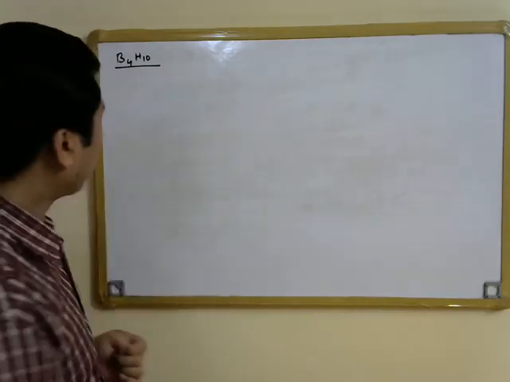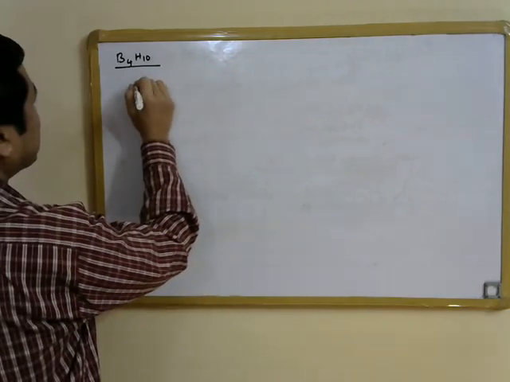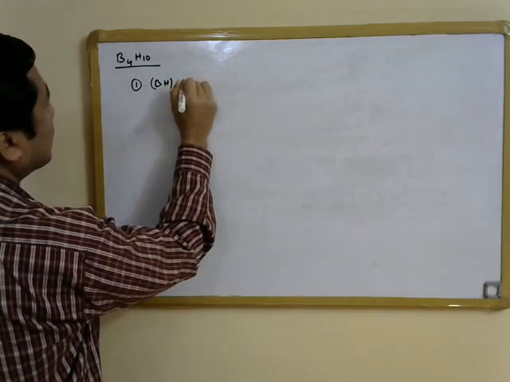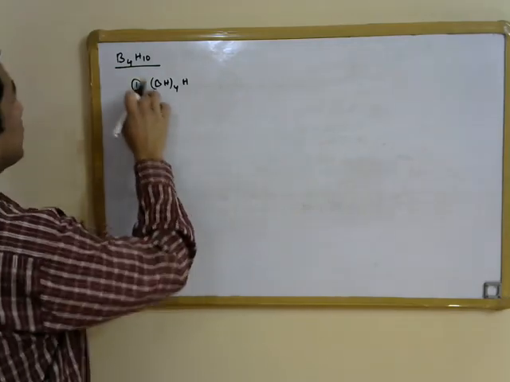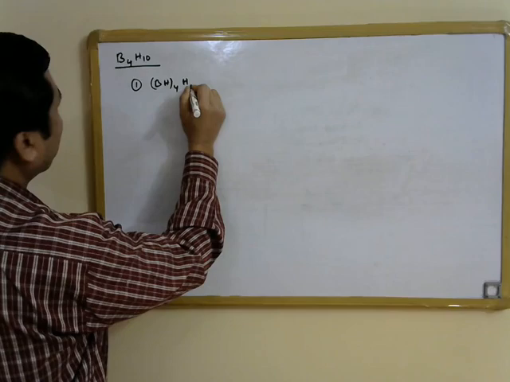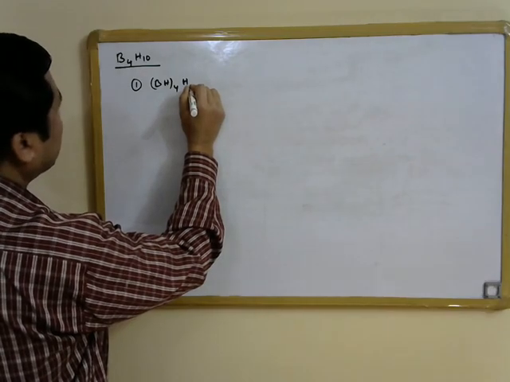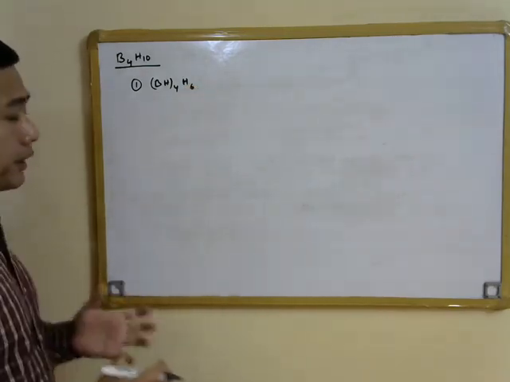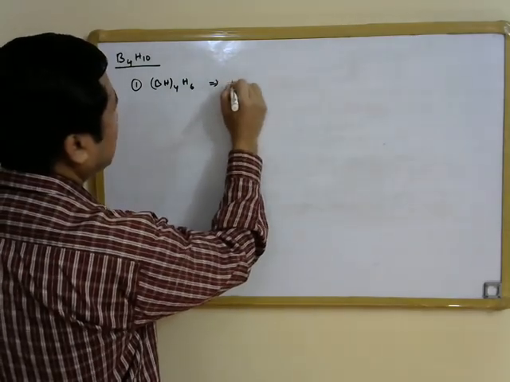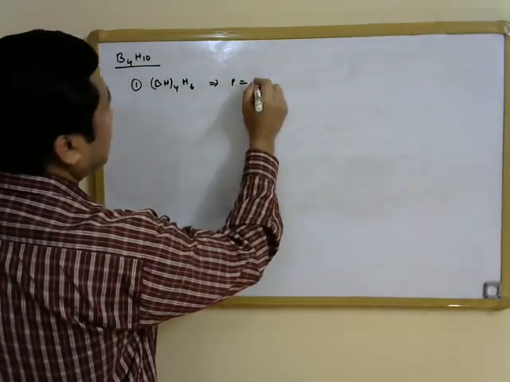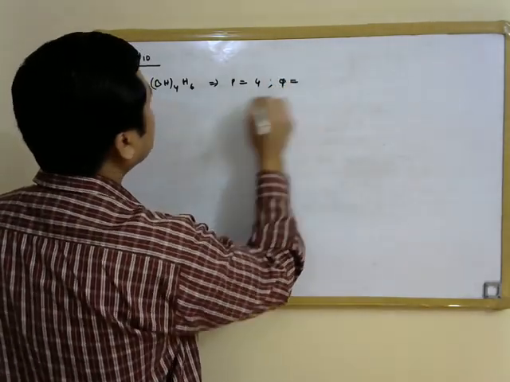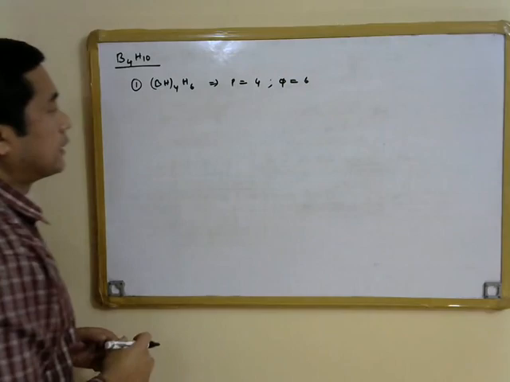So again, we write the formula of B4H10 in the required format for obtaining the Styx code. We can write it in this way, and from here the value of P is equal to 4, while the value of Q is equal to 6.